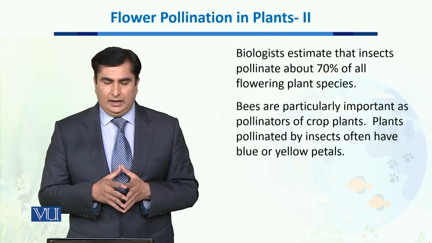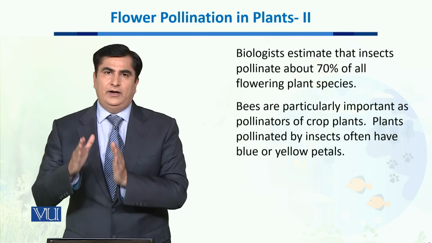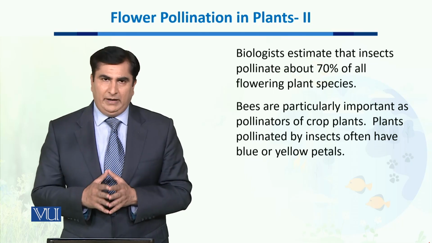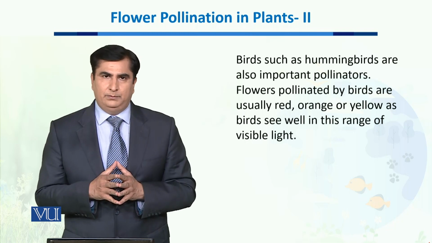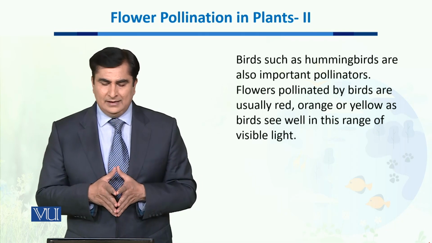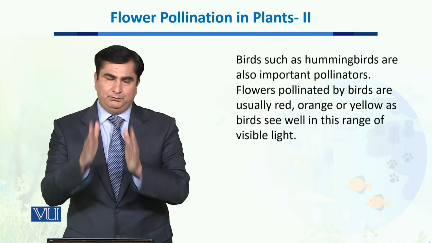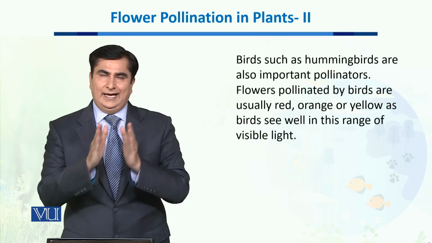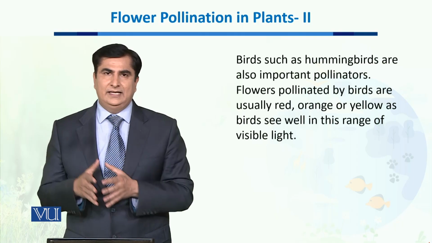These plants are pollinated by these insects, and they often have blue or yellow petals. When we talk about flowers with other colored petals, for example red and orange, these petals are able to attract certain animals other than insects.